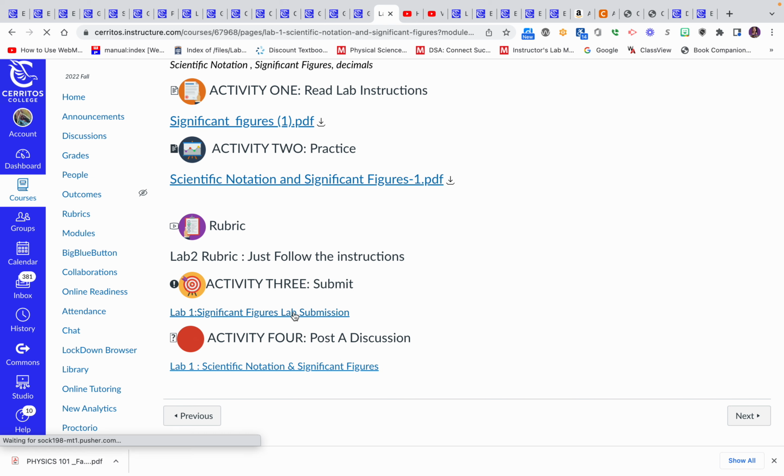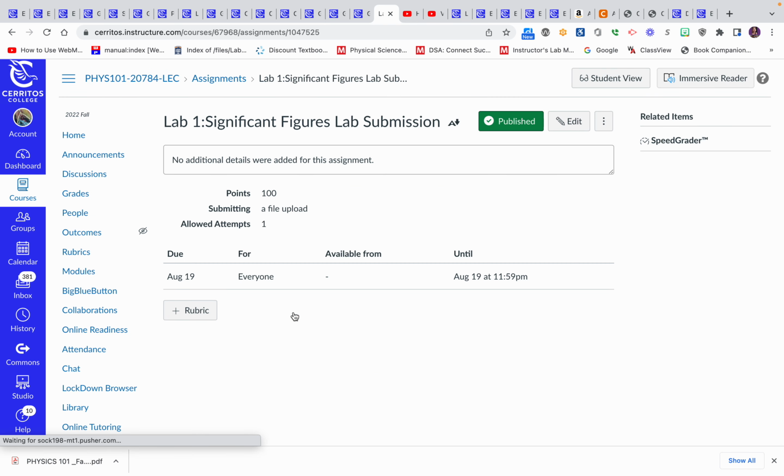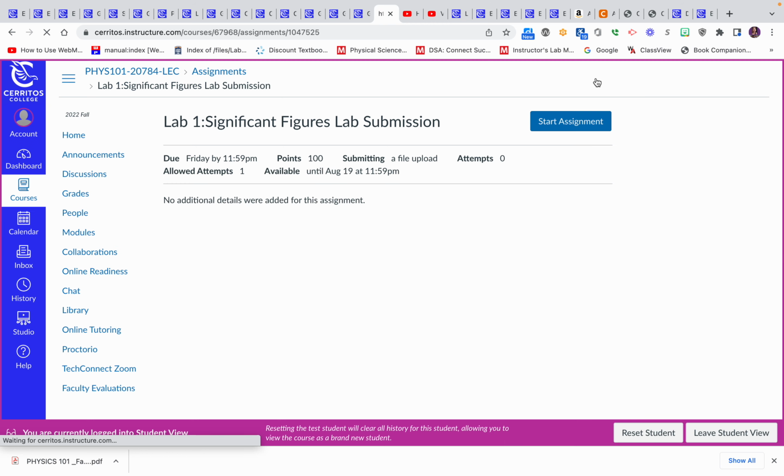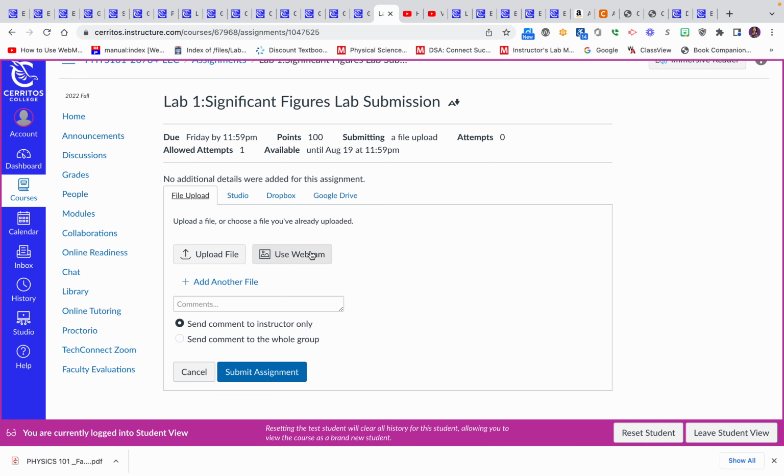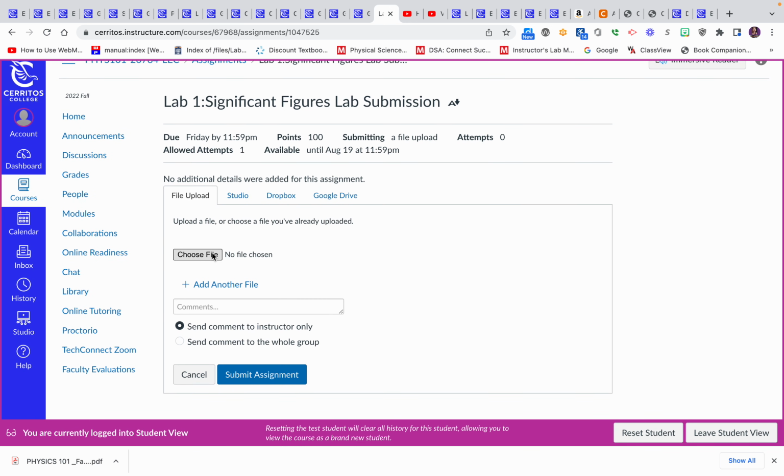Here, this is the submission. For this lab I didn't include the rubric because in the rubric I have my answers. When you are ready, you're going to submit. Look here, this is the student view. It's going to give you start assignment, and then you're going to upload your file, which will consist of the cover page plus the actual answer sheet.